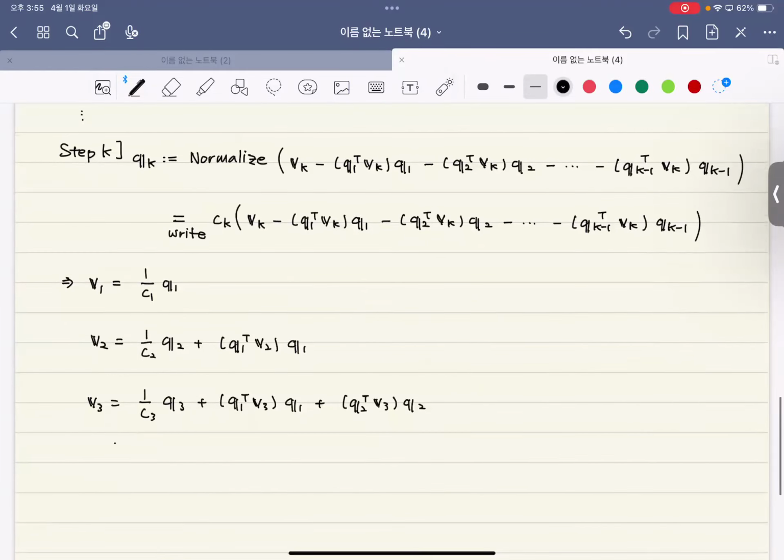And so Vk is 1 over Ck Qk plus Q1 transpose Vk Q1, and so on, plus Qk minus 1 transpose Vk Qk minus 1, right? Yeah, great.